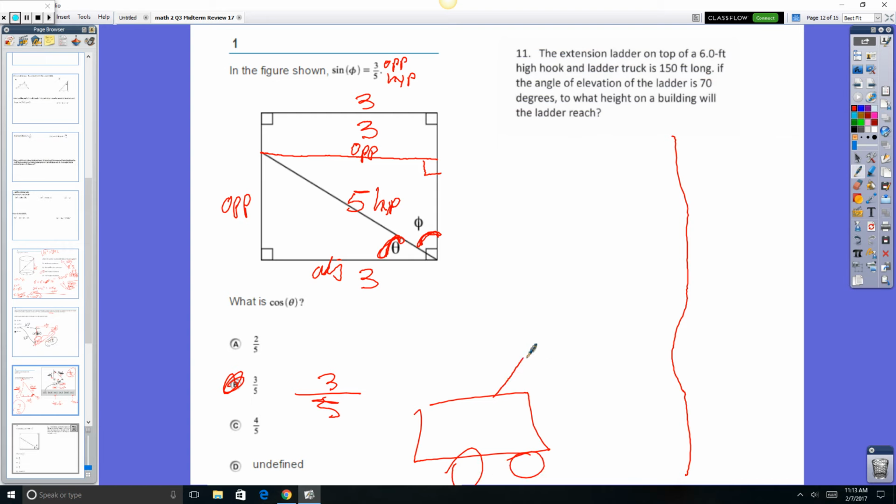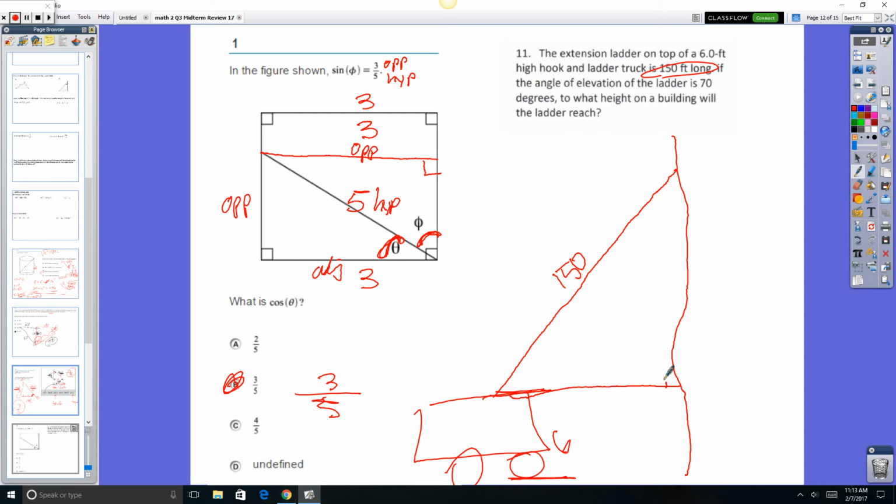So now the ladder is going to extend and reach the building. The extension ladder is 150 long, so this is 150. And it is on top of a 6-foot truck, so the distance from here to the ground is 6 feet.